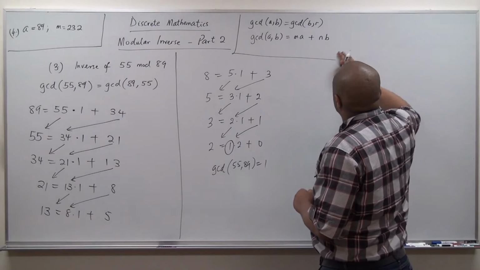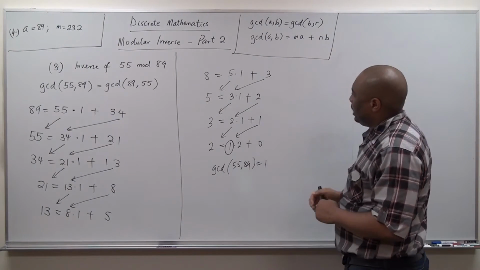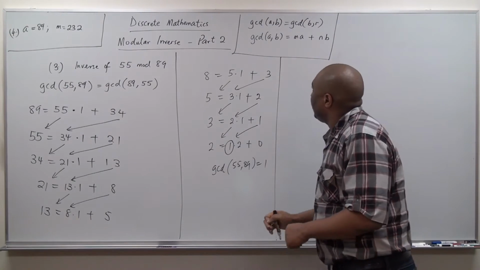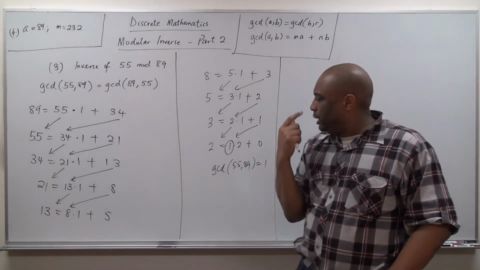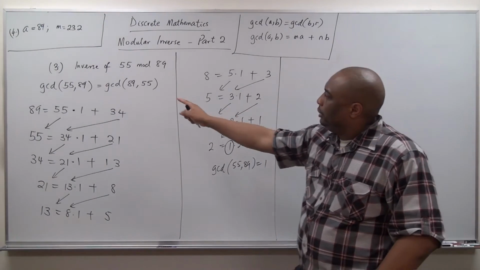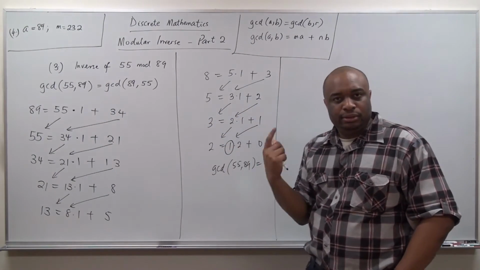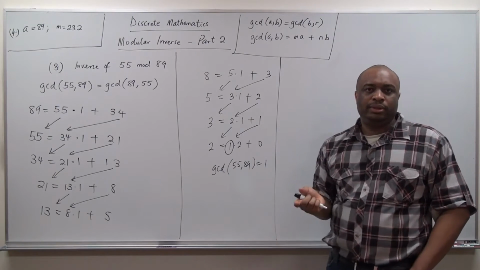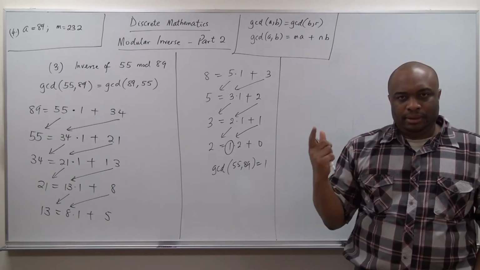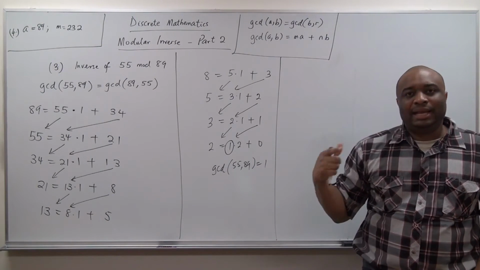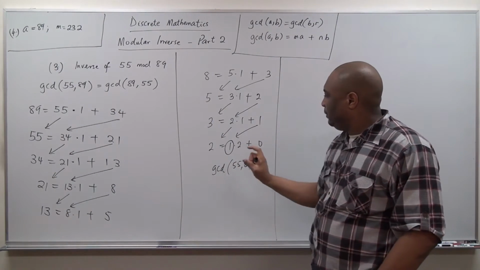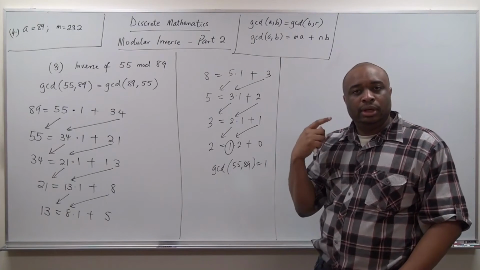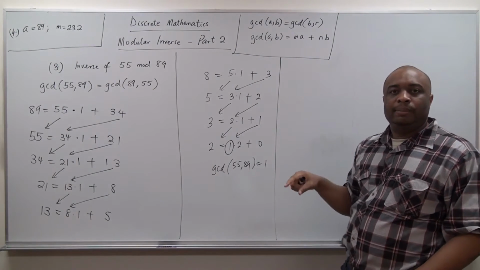So we work backwards, and as we work backwards, in any case we want the dividend and the divisor to be there. Like I said in the first video, we want the dividend and the divisor to always be there as we work backwards.